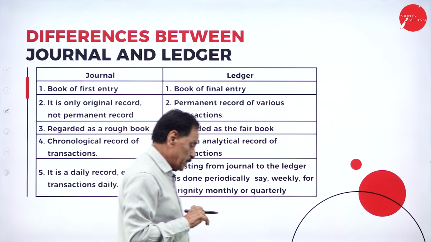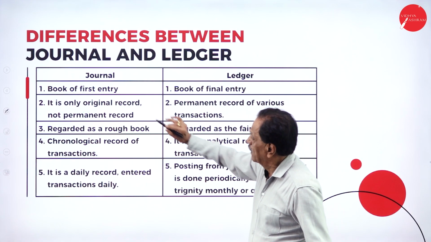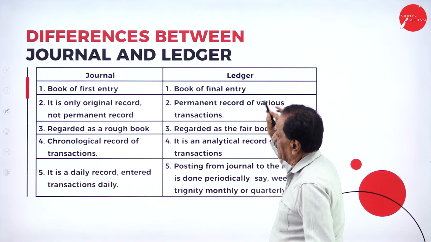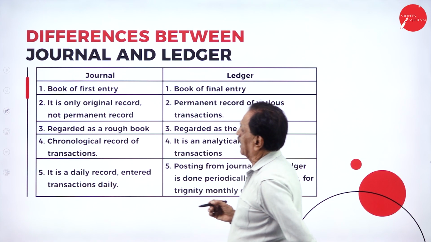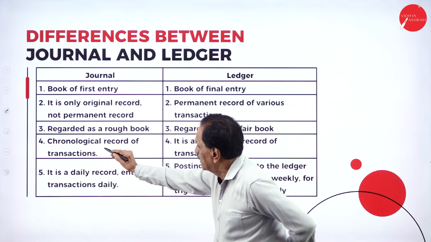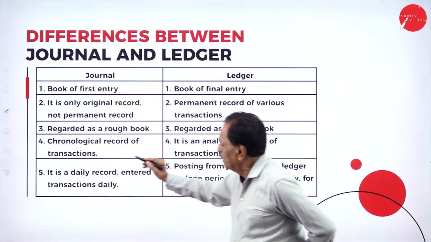Then the difference between a journal and the ledger. Journal is a book of first entry, ledger is a book of final entry. The journal is only an original record, not a permanent record. The ledger is a permanent record of various transactions. The journal is regarded as a rough book, the ledger as a fair book.